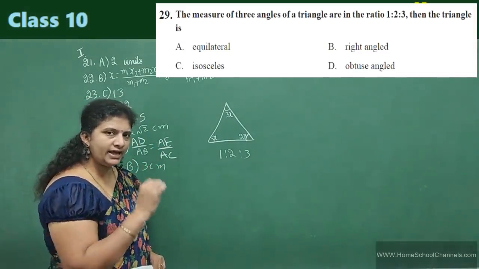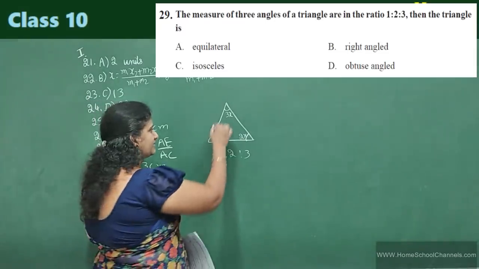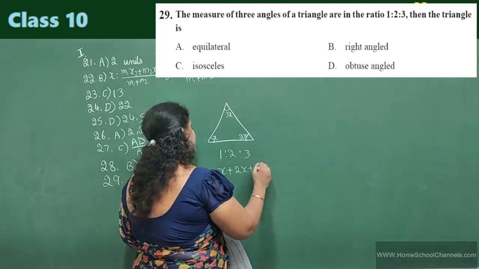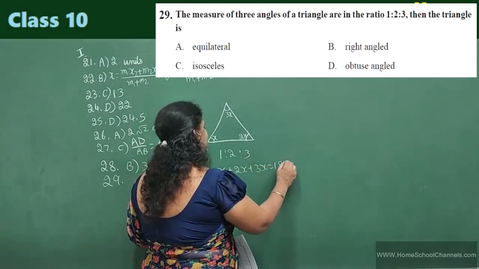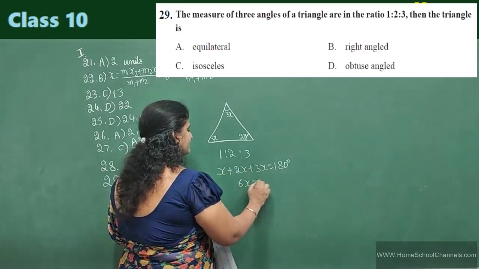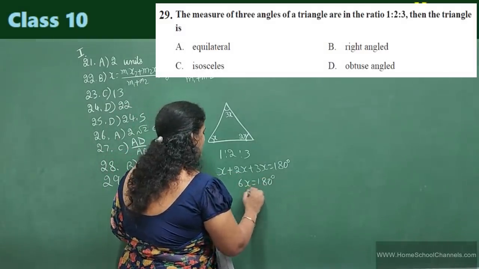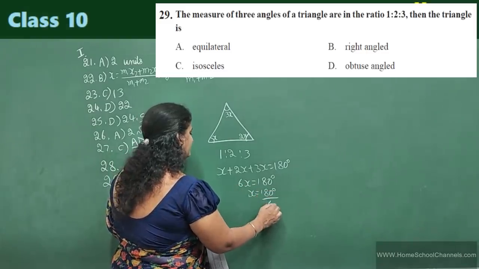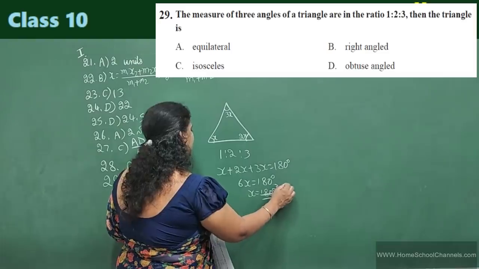Sum of the interior angles of a triangle is 180 degrees. Add all these. x plus 2x plus 3x is equal to 180 degree. 3 plus 2 plus 1, it will be 6x is equal to 180. x is equal to, send 6 other side, 30 degree.